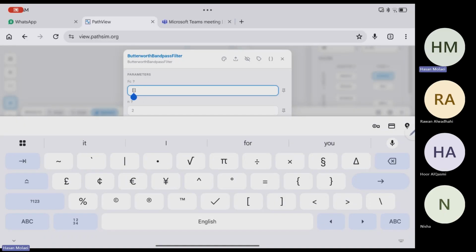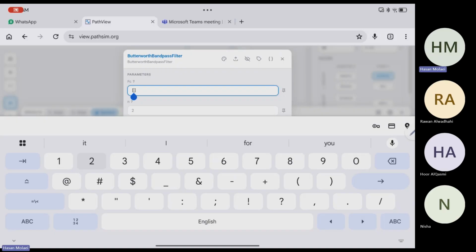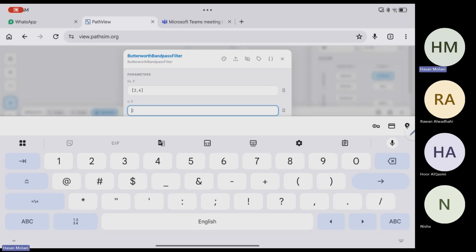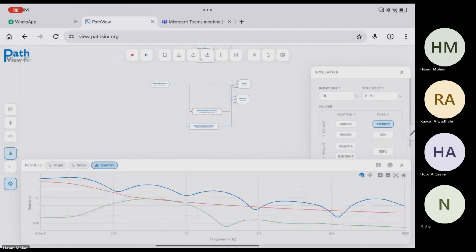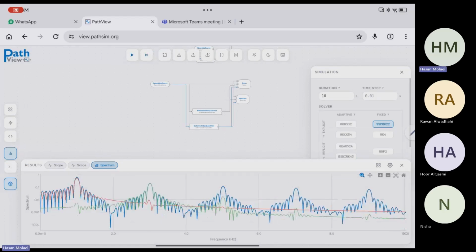We want the third harmonic, which frequency is 3. Let me put it 2 until 4. And I increase the order to have really good filtering. You see the green one, yeah?